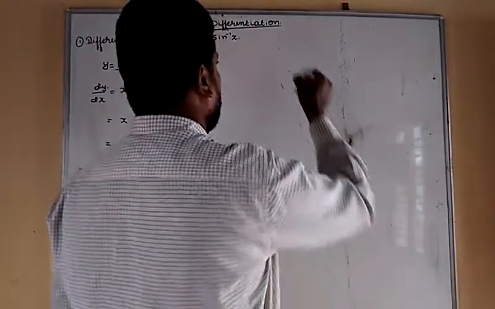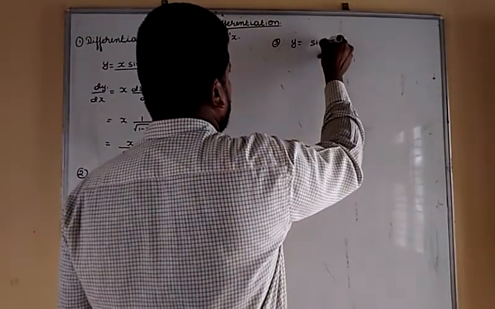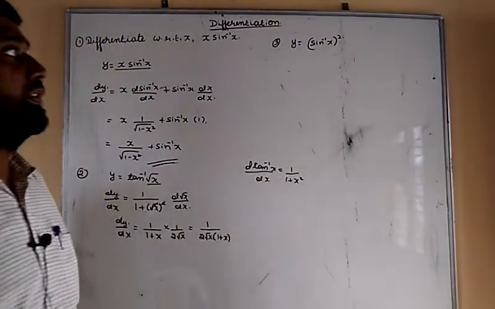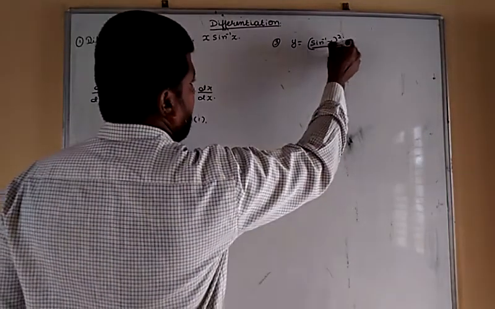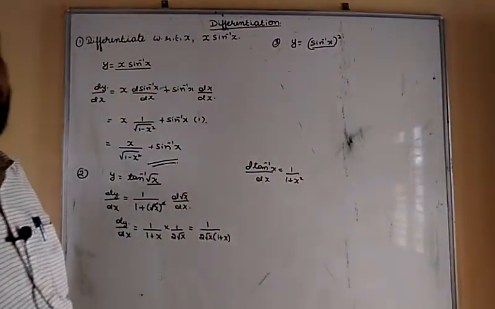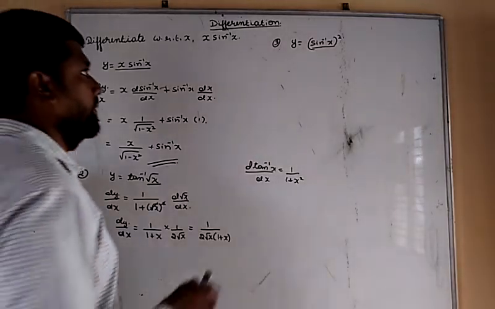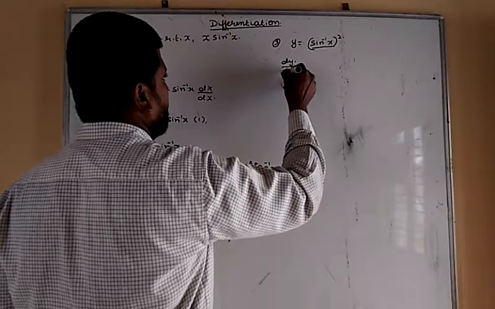Take down the third one. Y is equal to sine inverse of x whole square. So here sine inverse of x whole square is there. So let us assume that sine inverse x as an x. I am doing directly, or you can do by substitution method also. So differentiation of x square is 2x.